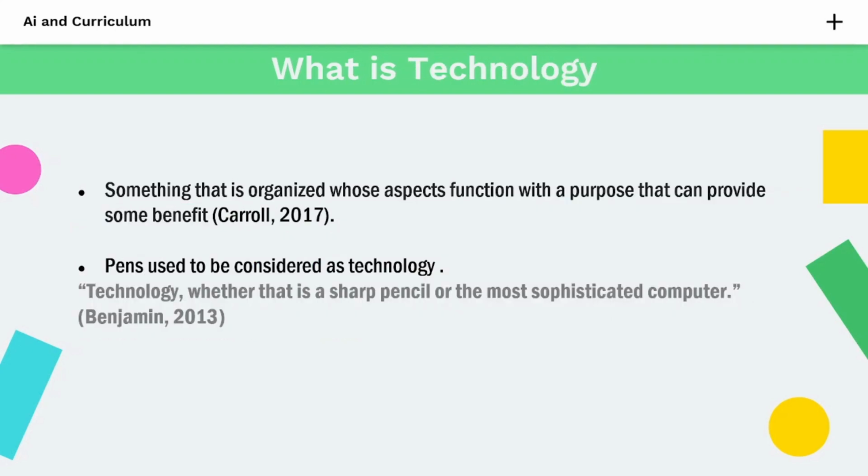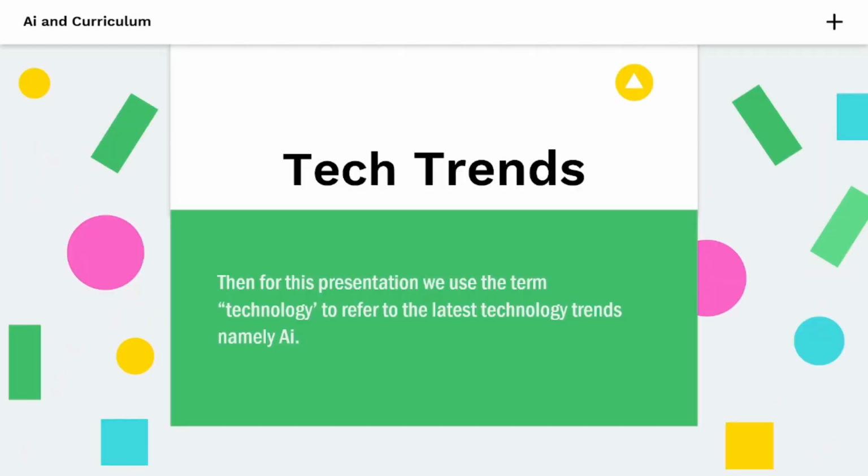And then we define technology as something that is organized, whose aspect functions for a purpose, and based on that definition we can see that Benjamin considers pens as technology. So when we say technology in this presentation, we mean tech trends, the latest tech trends.